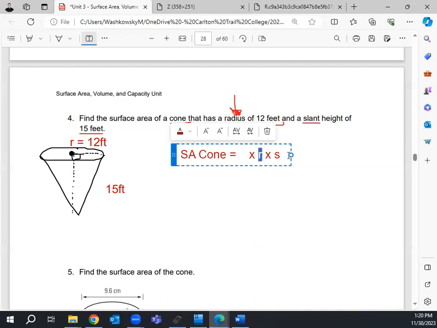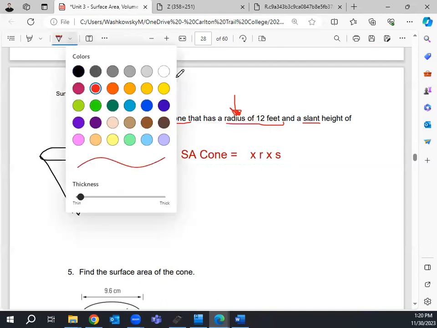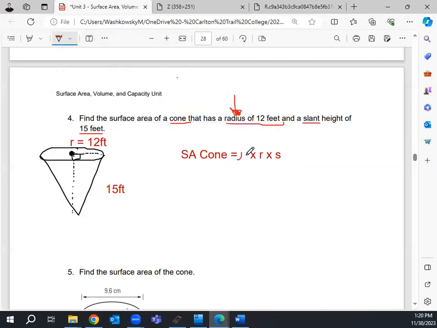Times s. I'm going to keep it all lowercase. S is slant. So where this question is going to try and trick you is it's going to give you three numbers here, and you're going to be like, which one's the S? Which one's the S? The S is the slant.